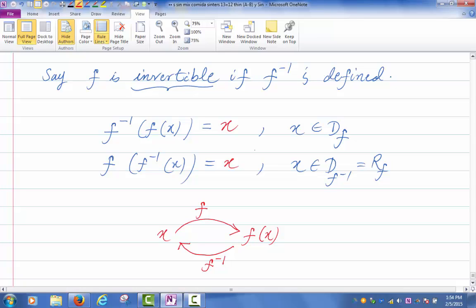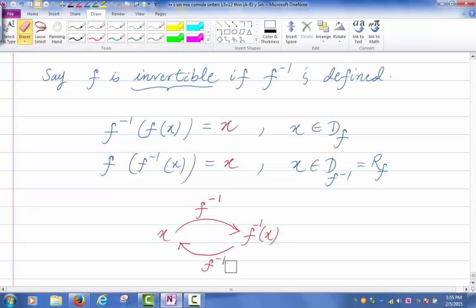Alright, so in the second case, basically what I should be saying then is let's say f inverse takes x to f inverse of x, and then when you apply f, you go back to x again. Okay. All right. So these two are very important properties of inverse functions.